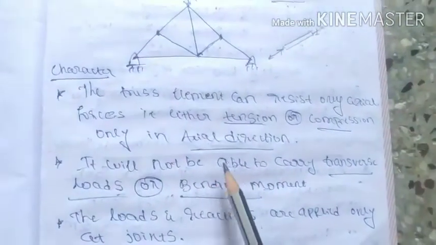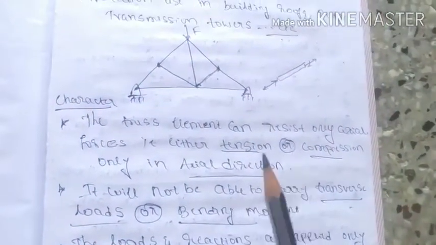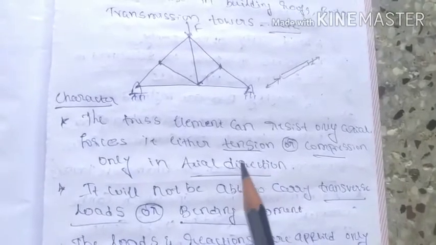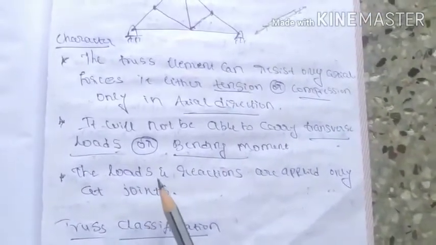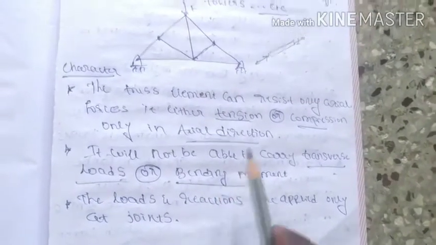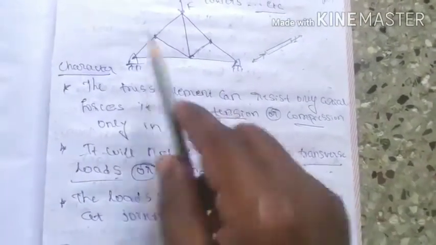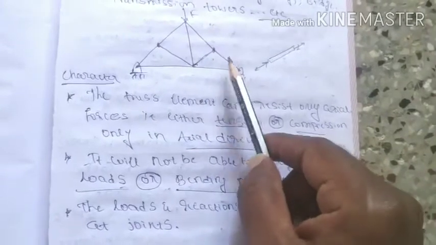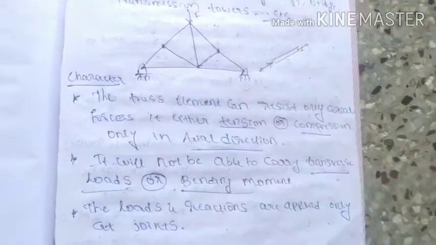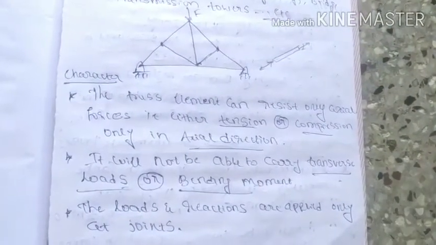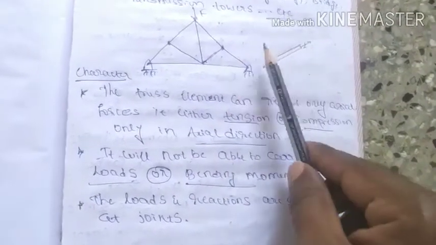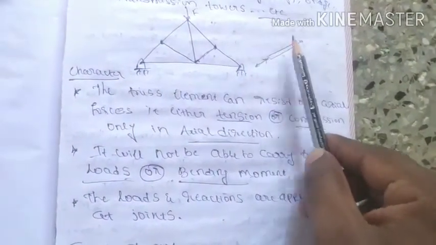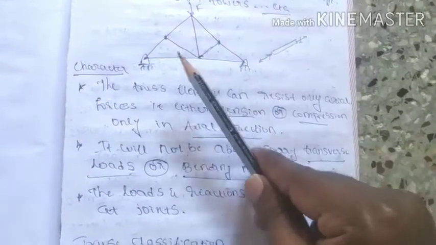And it will not be able to carry any transverse loads. Keep this in mind: it will not take any bending loads, transverse load or bending moment. Also, the loads and reactions are applied only at the joints. So these are the characteristics of a truss. It can take only axial forces, either compression or tension in the longitudinal direction.